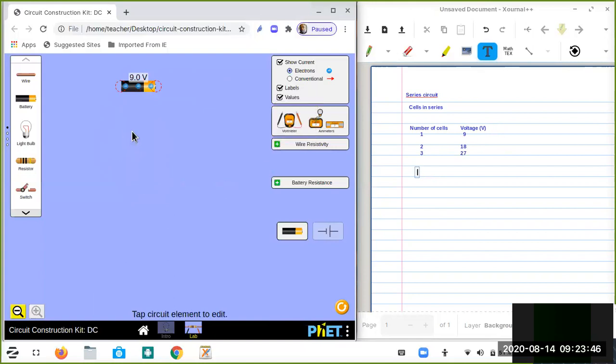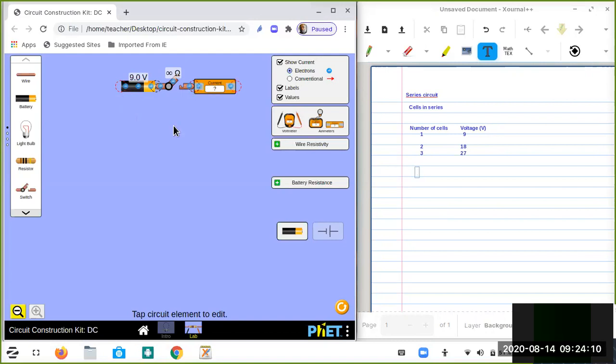Let's see. So I have my cell there, then I have the switch, right? I think you can see here that the switch, it's 0 ohms, right? The switch is not acting as a resistor, so it will show that it's 0 ohms.